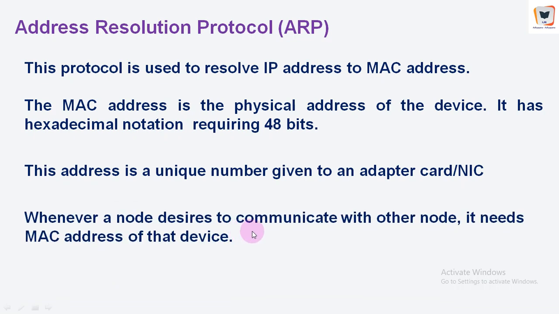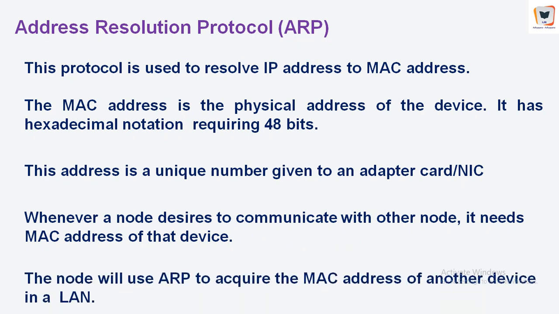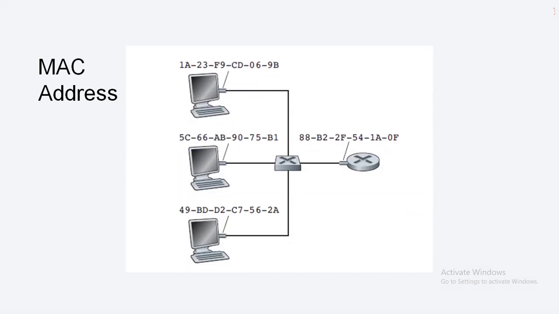Whenever a node desires to communicate with another node, it needs the MAC address of that particular device. The node will use ARP to acquire the MAC address of another device in a LAN. Here, device would mean a node. To understand further the need for a protocol such as ARP, consider the picture shown in this slide.